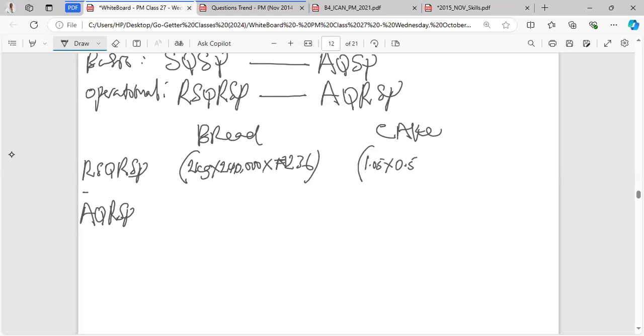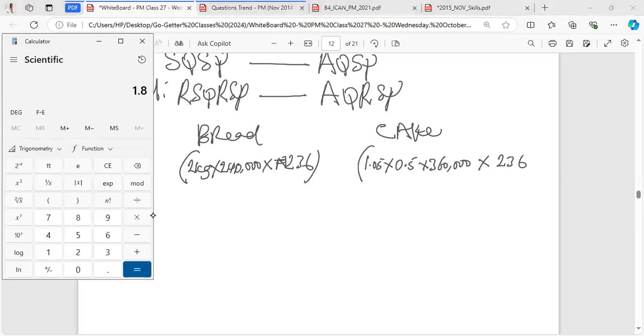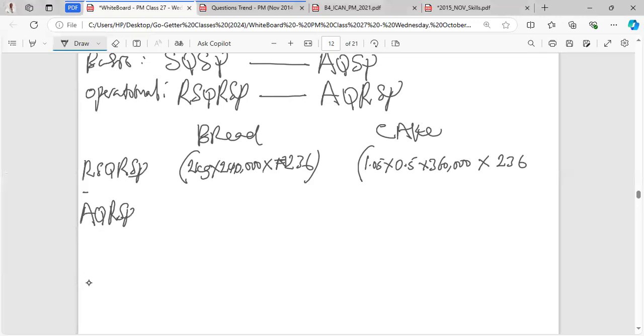That's revised standard quantity per unit. And we made 360,000 units. And the revised standard price, we said it was 236. How did we get that 236 again? We said 1.18 multiplied by 200. That gave us that 236.